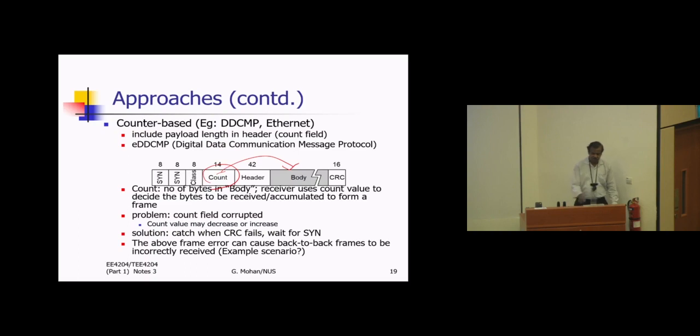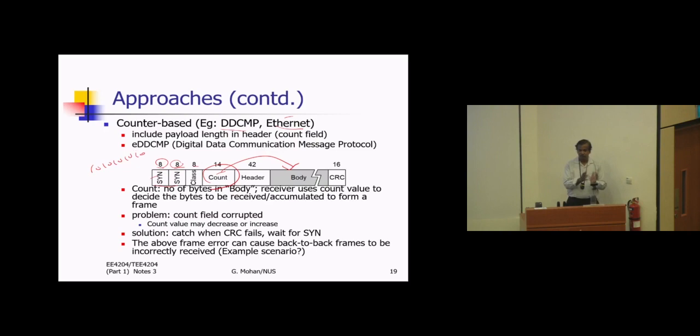This is used in Ethernet as well as some old protocols like DDCMP, but you need to know that at least currently Ethernet uses a similar approach. Forget about how many bits are used here. You can see that initially some sync bytes are sent by the adapter. The sync bytes mark the beginning of the frame, and they are usually 10, 10, 10, 10 kind of thing.